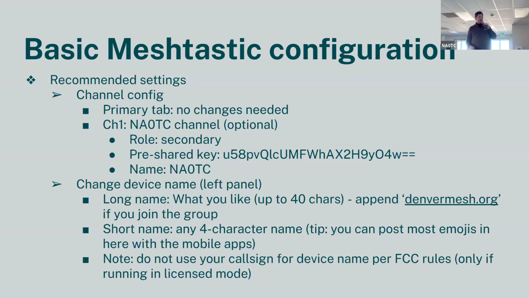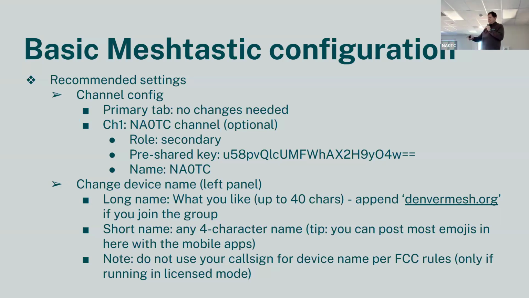This is kind of important. You want to go into change device name. So your long name is whatever you want. If you want to advertise that you're part of the Denver Mesh, you can just put denvermesh.org on the end of it. So like my home node, I use Wild for Gadgets for all of mine. So it's Wild for Gadgets, home, or base, I think it is, and then denvermesh.org on the end. And then for the short name, as I mentioned, it's a 4-character gobbledygook thing by default.